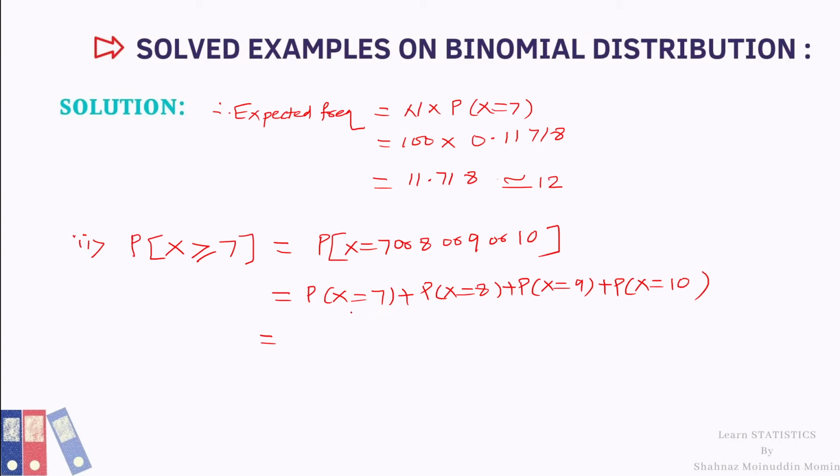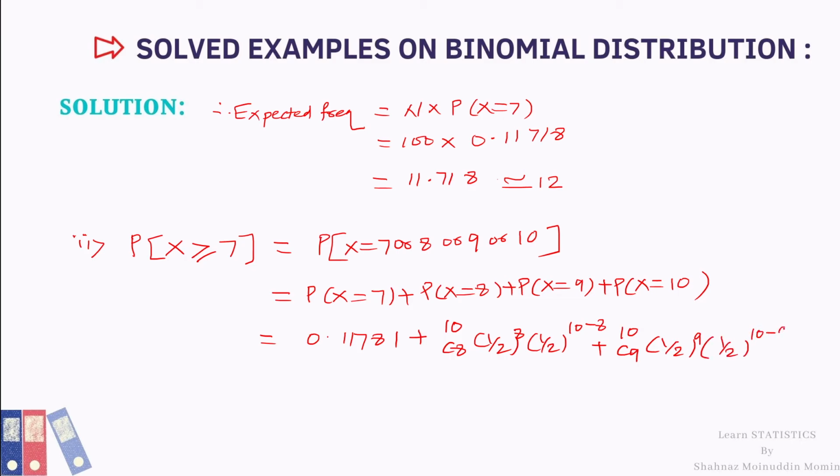By substituting these values in the probability mass function, we get the first probability, X equal to 7, which we have already calculated, 0.11718, plus the next one, 10C8 (1/2) raised to 8 (1/2) raised to 10 minus 8, plus 10C9 (1/2) raised to 9 (1/2) raised to 10 minus 9.